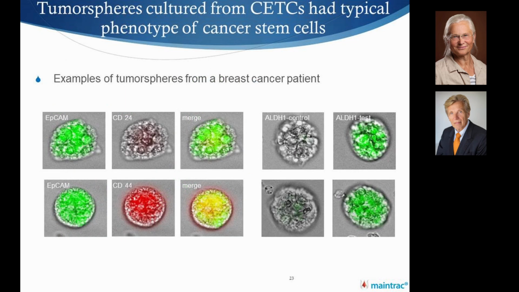And we can also stain them for additional markers which have been shown to be typical for stem cells. This is a low CD24 expression, a high CD44 expression, and these cells express ALDH1 activity, which can stain the cells into green fluorescing cells.